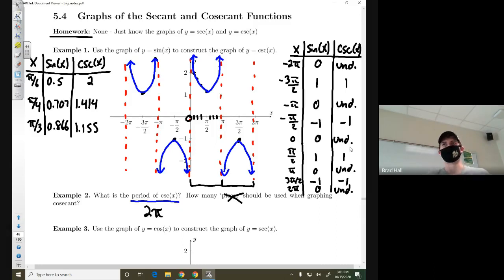If I asked you a test question on it, it would be something very basic. It could be, what's the period of a trig function, or what's cosecant doing at pi. It'd be something very simple like that. It wouldn't be anything crazy.